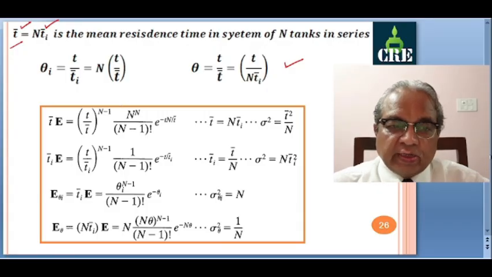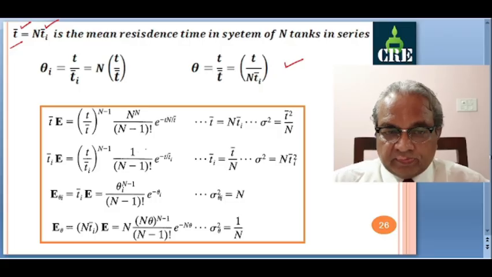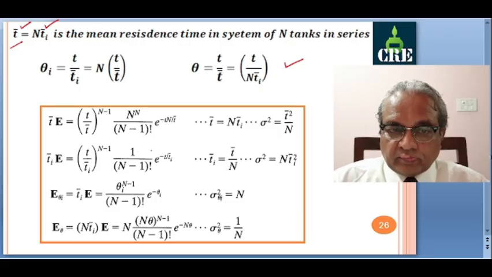This is n raised to n for n tanks. This is for individual, so 1. Then e raised to minus t by Ti bar. This is for single tank. For n tanks, this is minus t into n by Ti bar.